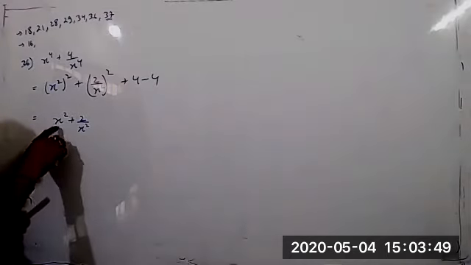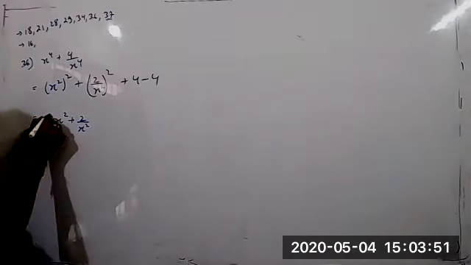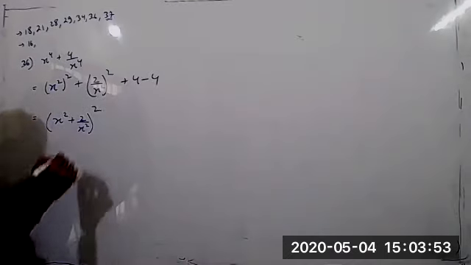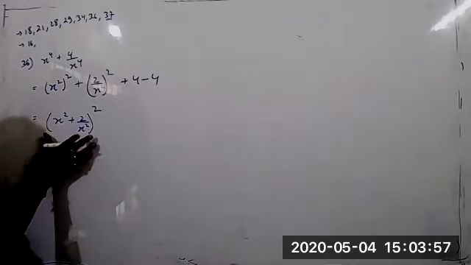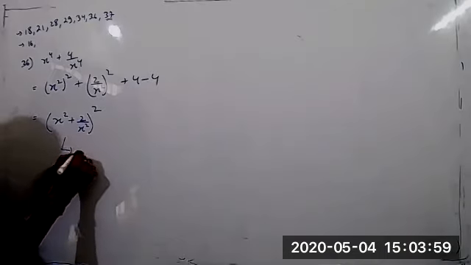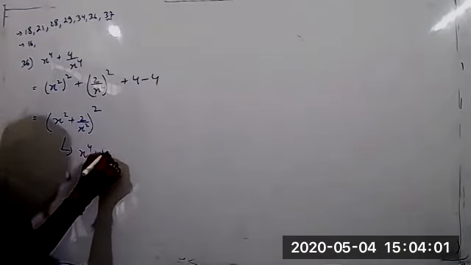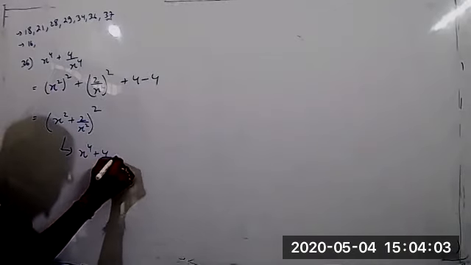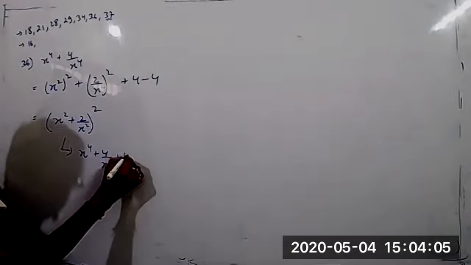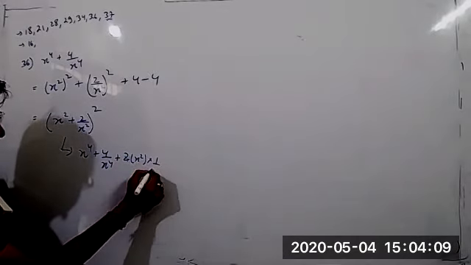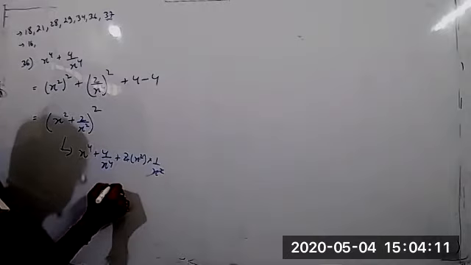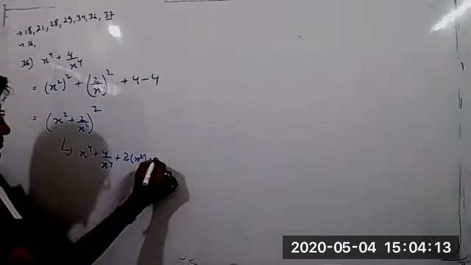Yeah, tell me, Rashi. You are supposed to do it this way, right? So why are you doing it this way? Because when you expand this, it is something like plus 4, that is 2 into x to power 2 into 1 by x square, which is 2.